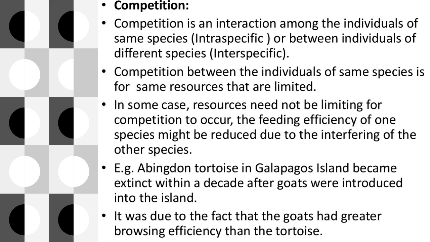The feeding efficiency of one species might be reduced due to the interference of the other species. For example, the Abingdon tortoise in Galapagos Island became extinct within a decade after goats were introduced into the island. It was due to the fact that the goats had greater browsing efficiency than the tortoise.